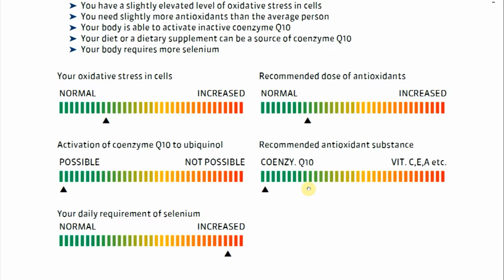Then the recommended dose of antioxidants. I said these free radicals do their damage until an antioxidant, a radical inhibitor, comes along and grabs onto it and neutralizes it. Now, these antioxidants are vitamin C, vitamin E, vitamin A, alpha-lipoic acid, and some other substances.